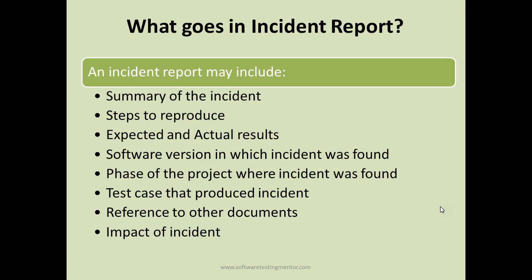Then if there is any reference to other documents, for example tracing back to the test case or to the requirement, you need to provide references to those documents as well. And finally, the impact of the incident: what is the actual impact of the incident on the software release or the software?